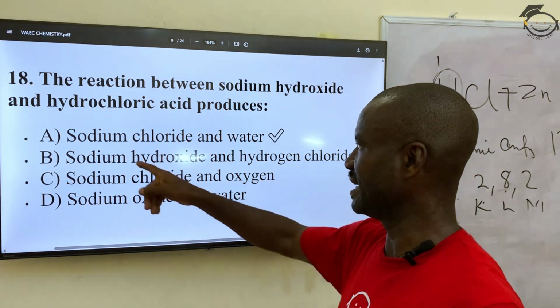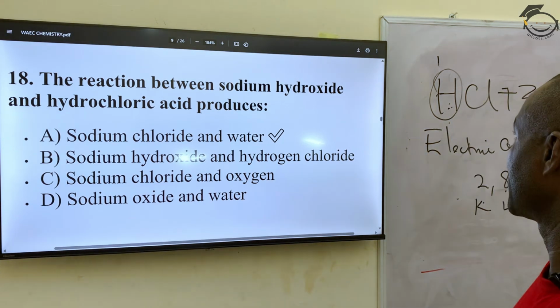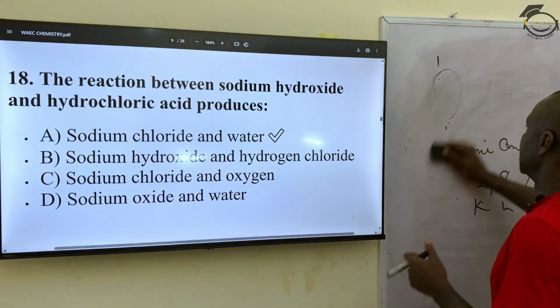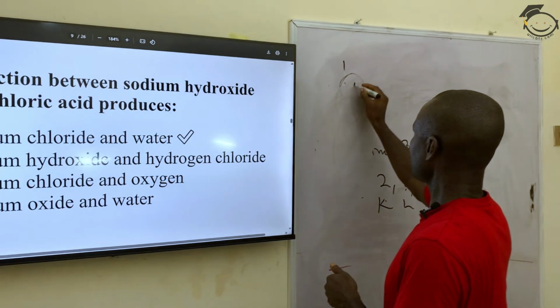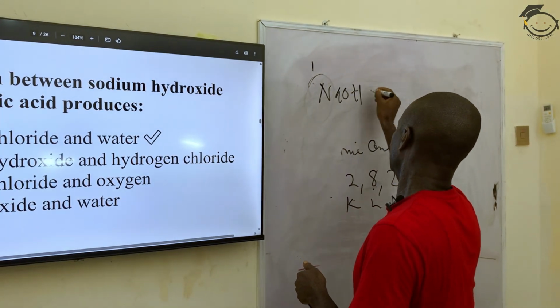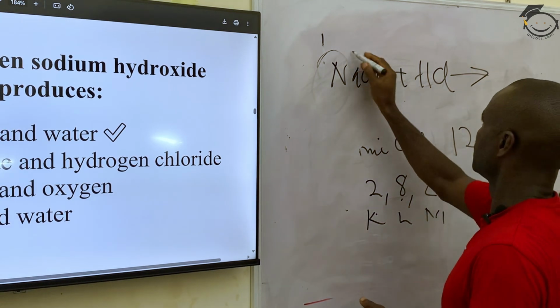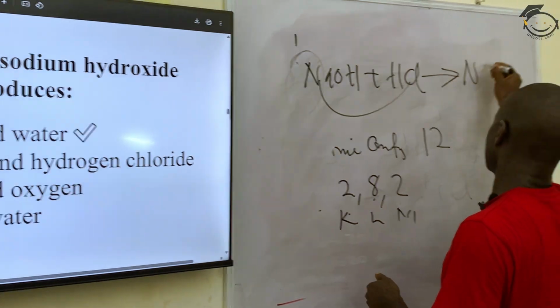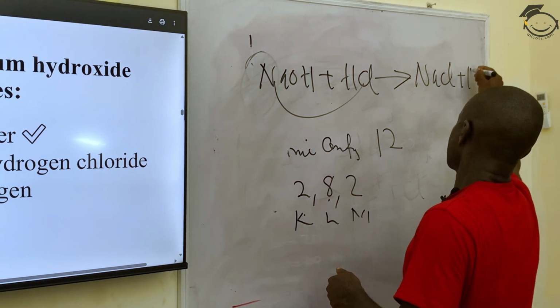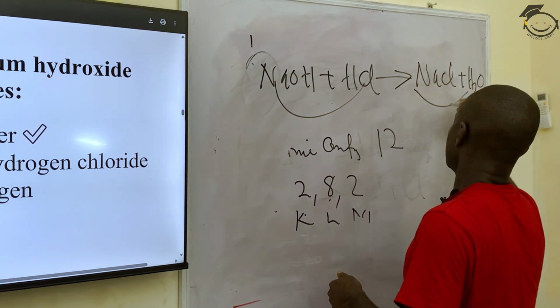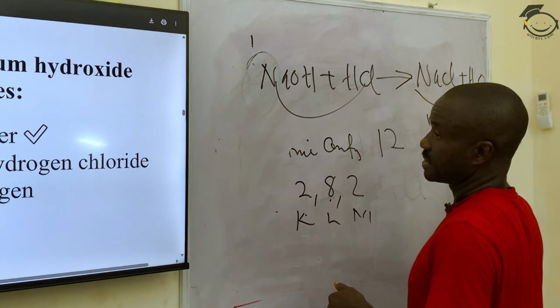The correct answer is sodium chloride and water. As we can see in the reaction, sodium hydroxide plus HCl will react to give you sodium chloride plus water, which is called a neutralization reaction. Neutralization.